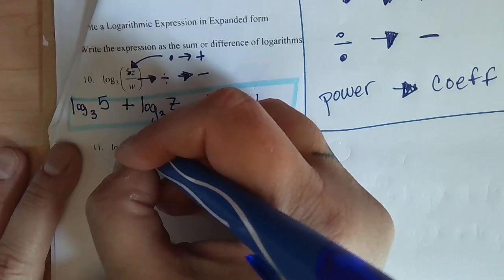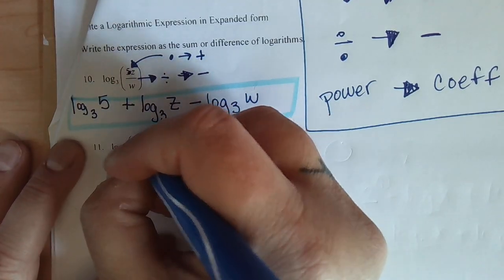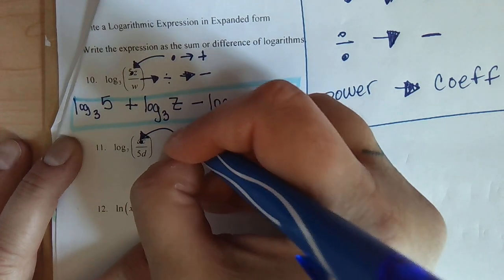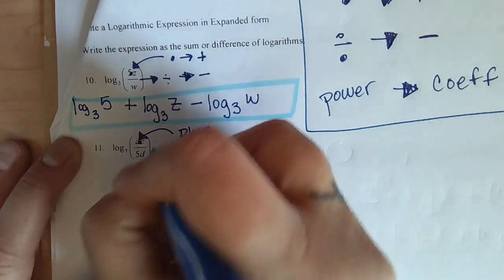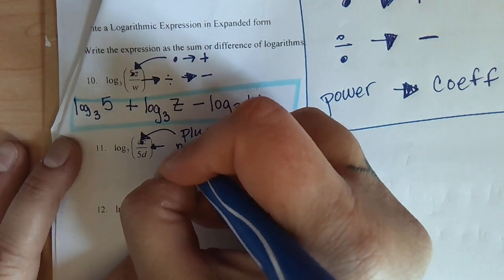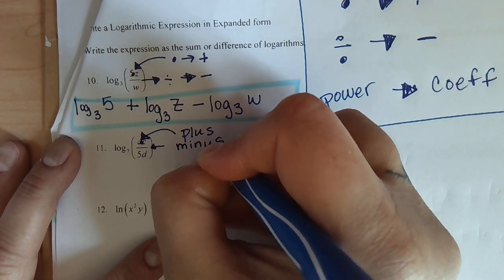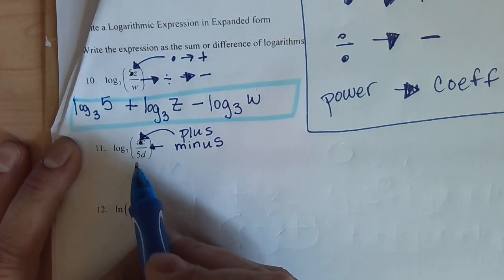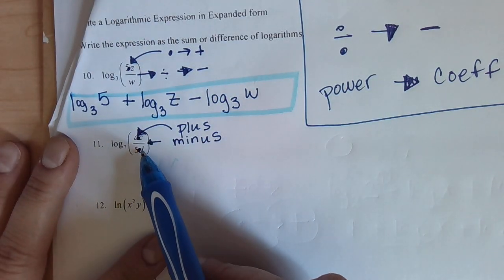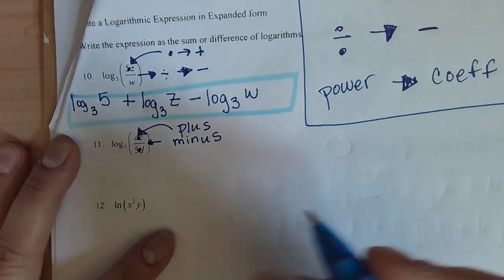First, I see a multiply dot, and that needs to go to a plus. Then I see a division bar, and that needs to go to a minus. But then check it. On the bottom, I see another plus because of that D is multiplied.